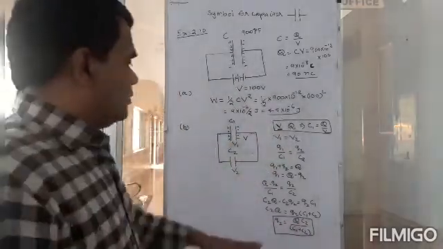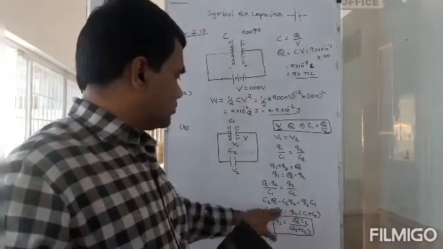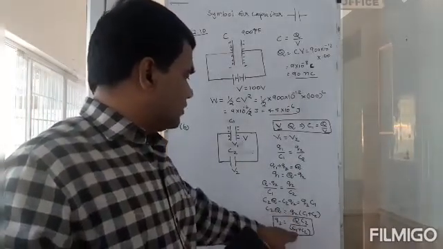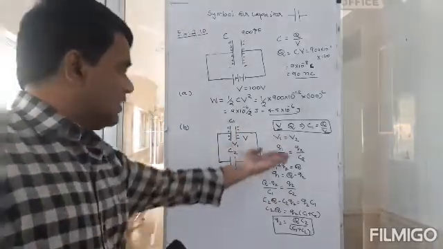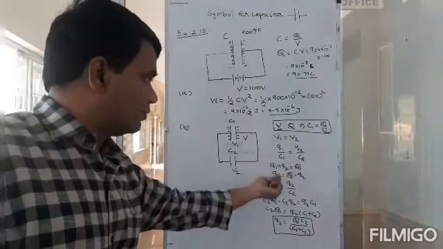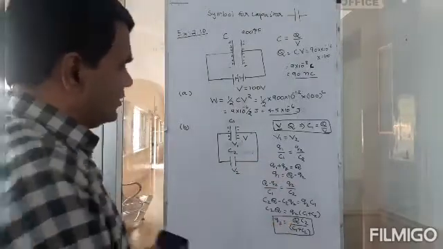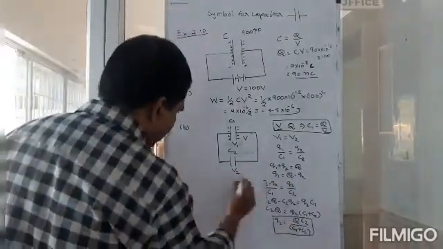So Q2 can be written as C2 into Q by (C1 plus C2). And if we do the same thing for Q1, we take Q2 and substitute that there, you can see by symmetry Q1 will be equal to, I'll draw it here.